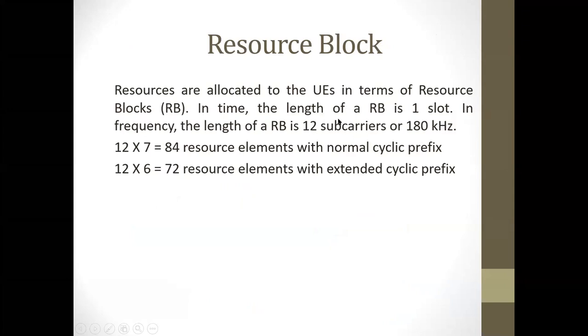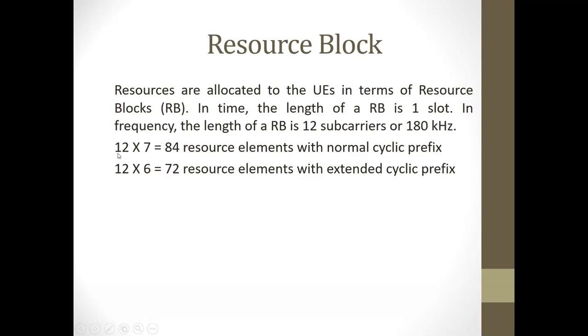So 180 kilohertz forms one block. That's the granularity. You have each segment in the frequency domain 180 kilohertz long. Now something called a resource block, in short RB, is defined with every 12 subcarriers in frequency and one slot in time.